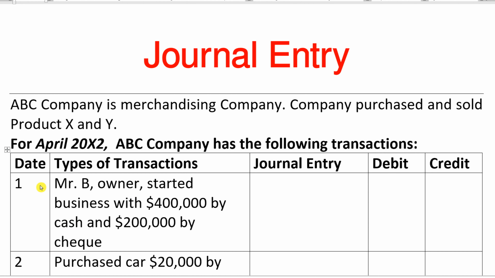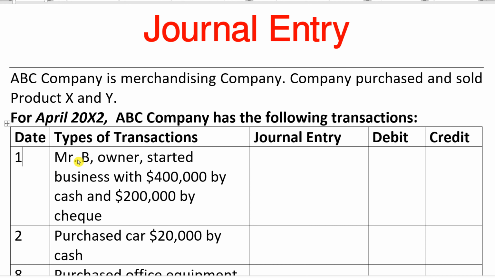So on the first day, Mr. A, the owner, started the business with 200,000 by check and 400,000 by cash. So how can we record the journal entry for that transaction?